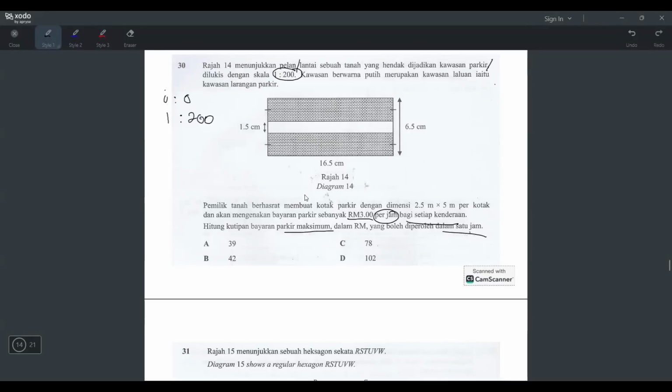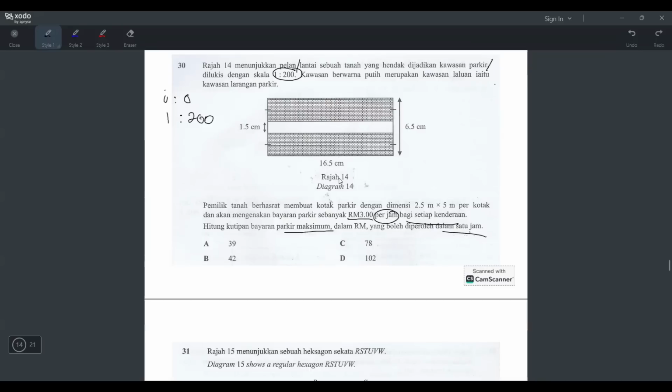Alright. Satu kotak parking RM3 per jam. It means if you park for 1 hour, you get RM3 per jam. And then they say hitung kutipan bayaran parking maksimum yang boleh diperoleh dalam 1 jam. So we need to know how many kotak parking lah. Correct ah? Because one kotak you will earn RM3 per jam.